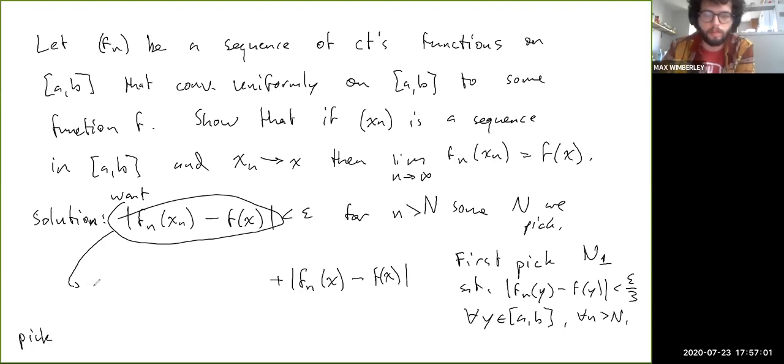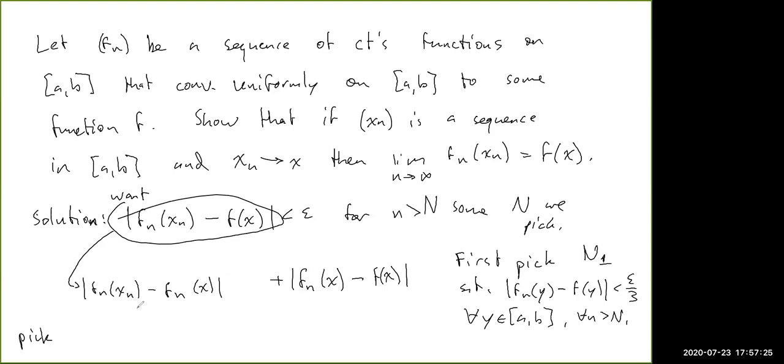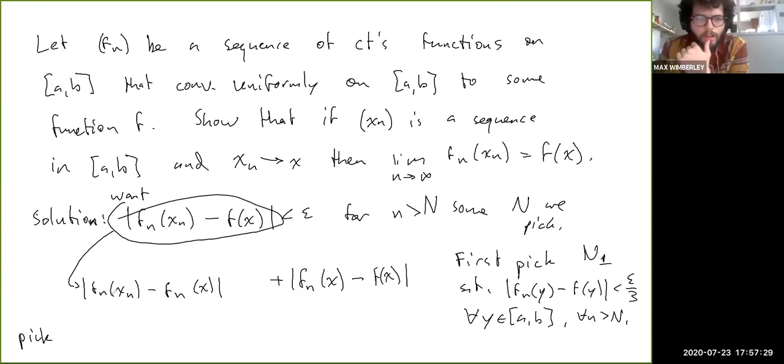Wait, hold on. We had fn of xn minus fn of x. So how do we make sure that this is small? Because we had to use the continuity of each fn. That's what I was thinking. Right.